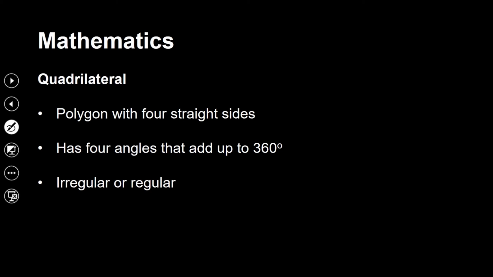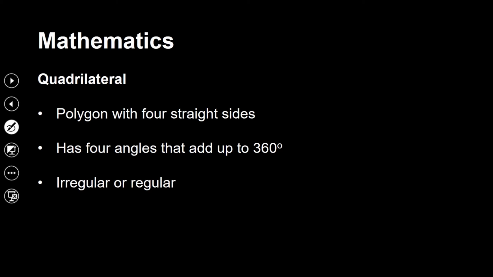Now, our big idea right now is actually to look at a quadrilateral. A quad is a polygon that has 4 straight sides joined together, and it has 4 angles that add up to 360.